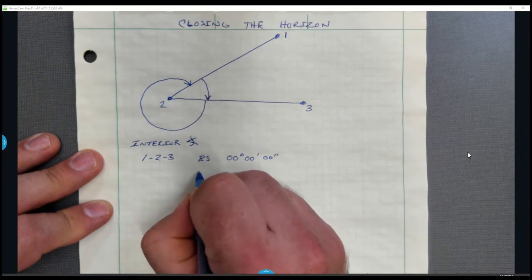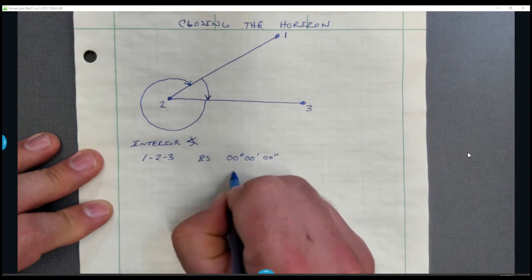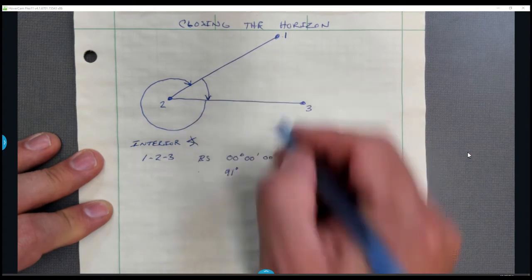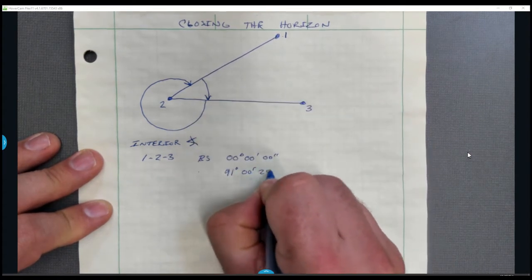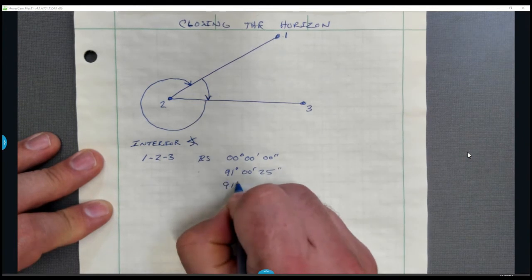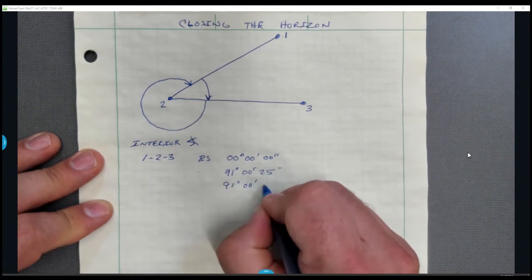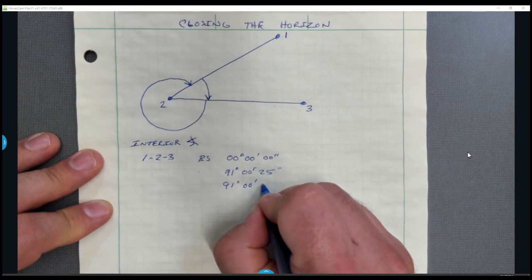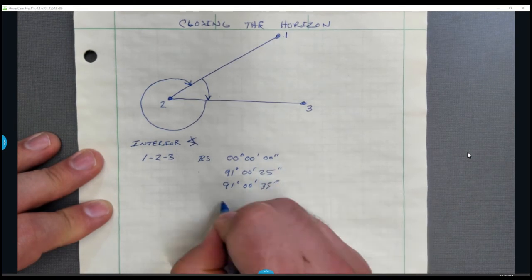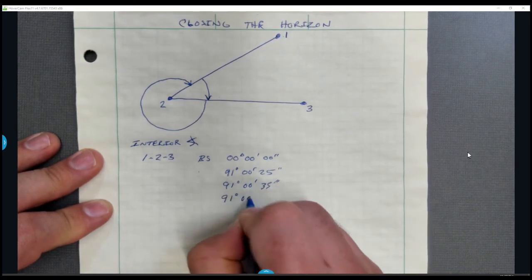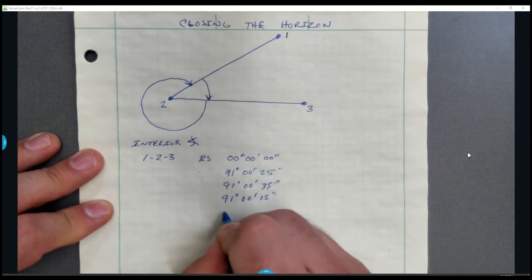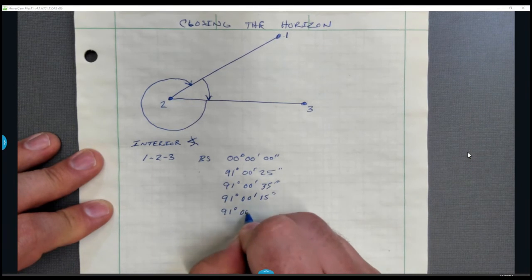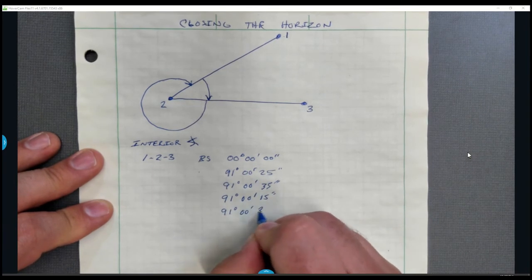Okay, so I have angle 1 be 91 degrees, even though it doesn't look like that up here. All right, 0, 0, 25. My second set of angles that I turn, 91, 0, 0, 35, 91, 0, 0, 15, and 91, 0, 0, 39.